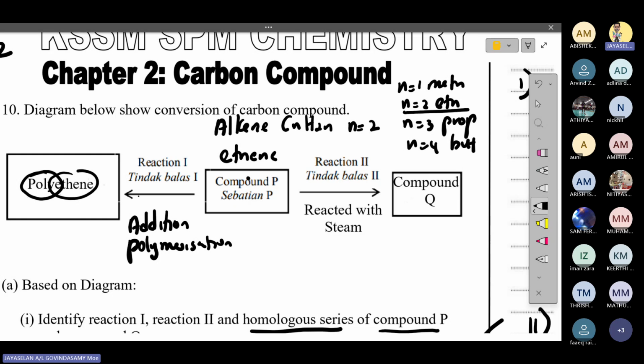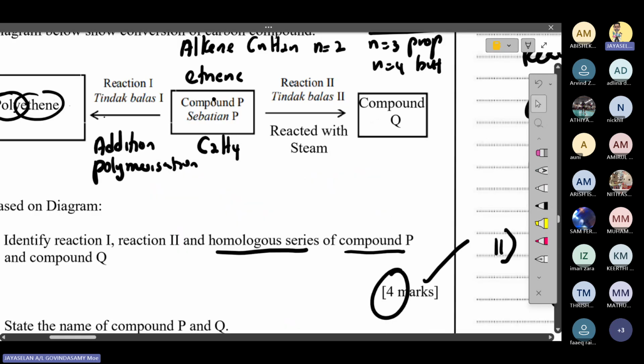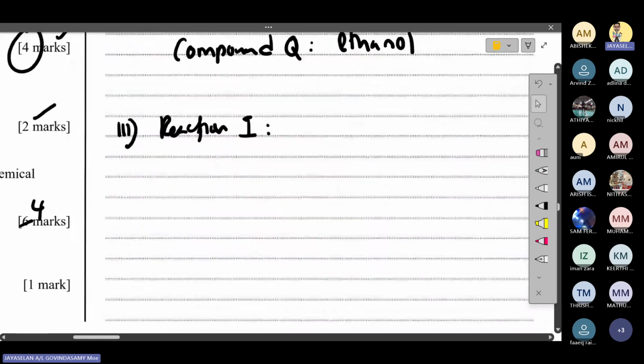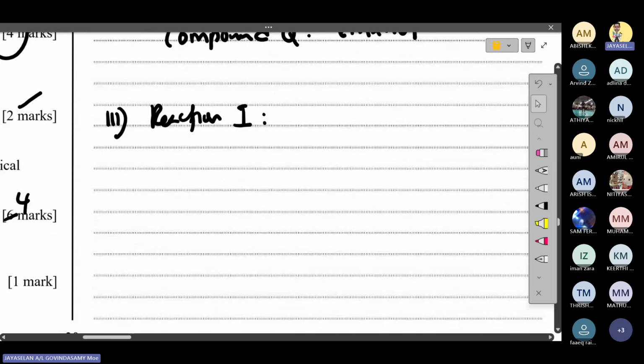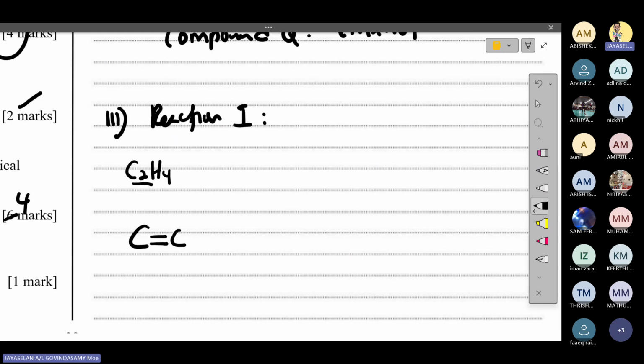Please memorize this. You apply n=2, so the molecular formula is C2H4, right? Don't write wrong things. Before you write the answer, write down C2H4. Then draw the structural formula, C double bond. There are 2 C, right?